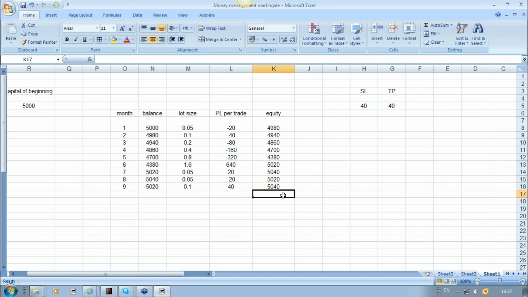No, it's not months. Sorry. That's a good question, Nicholas. It's trades, not months. It could be 9 trades per day. Oh yes, it's 560, right? This plus 40, 560.